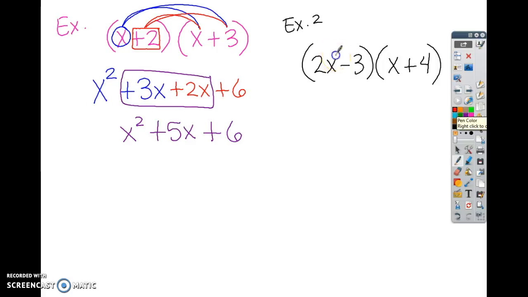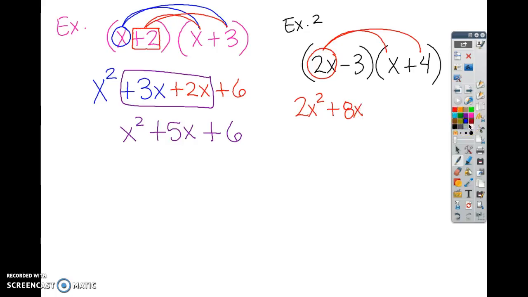The 2x. So circle that one. I'm going to distribute it here and here. What is 2x times x? 2x squared. What is 2x times 4? Positive 8x. So I did the first distribution.